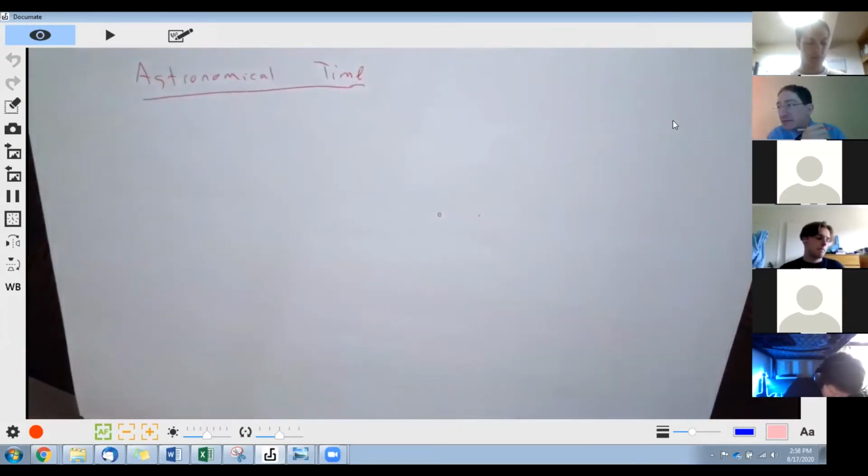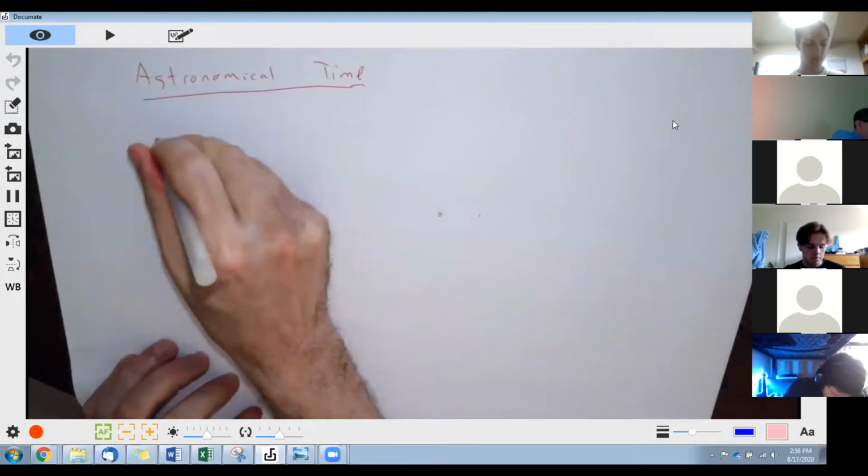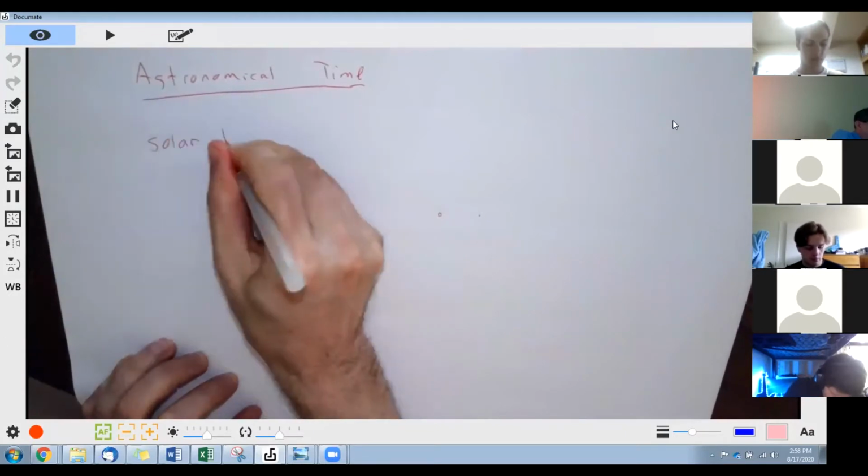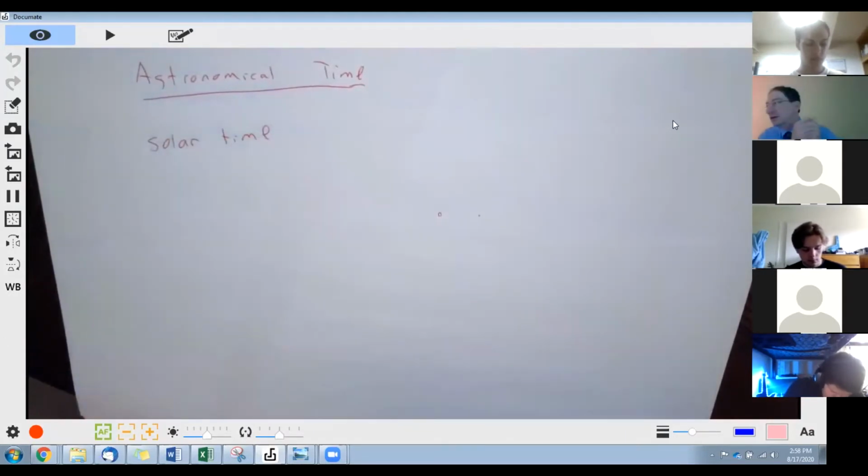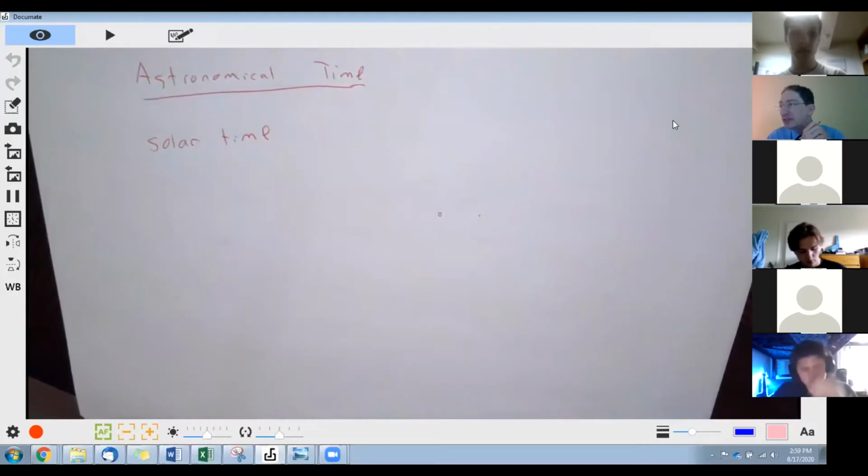Everybody in their everyday life uses what we call solar time. Watches and clocks are all synchronized to the motion of the sun. That's because we like to wake up in the morning when the sun's coming up, have our awake period illuminated by the sun, and go to sleep afterwards. Not everyone, some people work the night shift, but in general, civilization works with sun up, sun down.